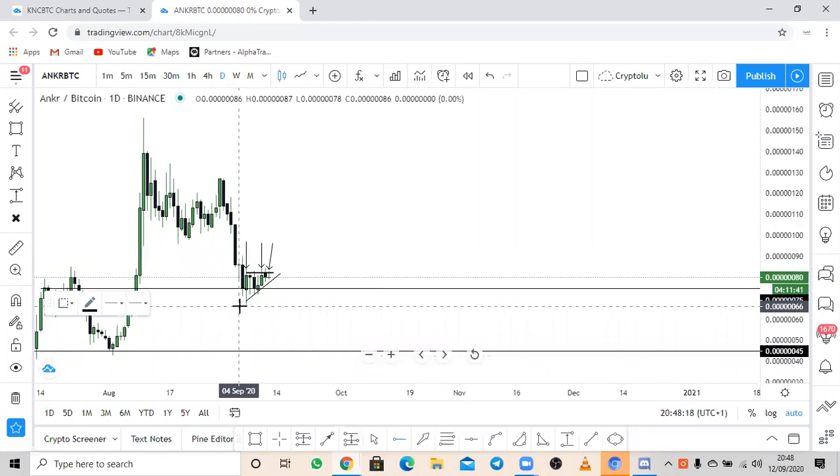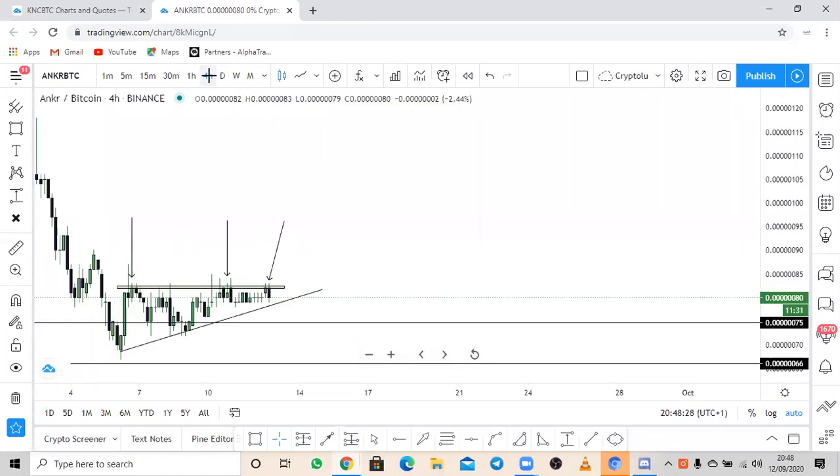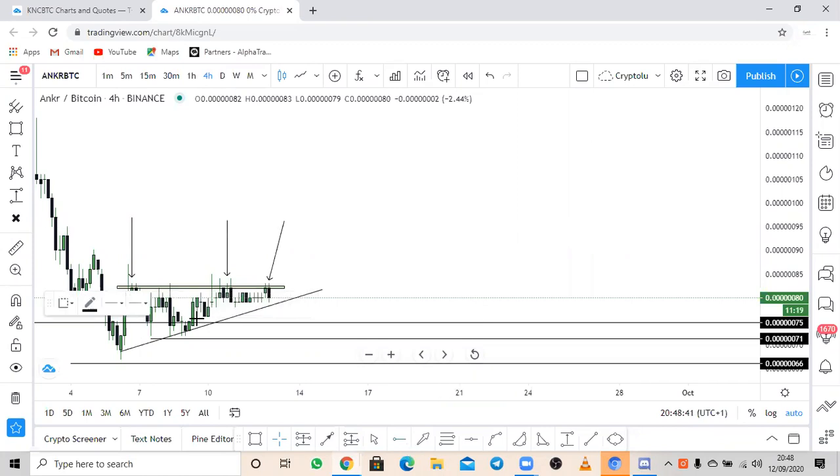But because we've seen an ascending triangle on the 4 hour, I can bring my stop loss around here. Or if you want a tighter stop loss, you can bring it somewhere around here. Depends on what you want.